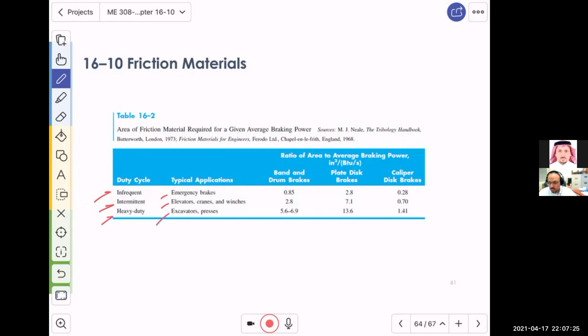You have excavators. And here you have the type of the brake, like a drum brake. And this is the corresponding area per power. Here we have a plate disc, and these are the values as well as caliper disc brakes. So each type with their corresponding application and the expected area per power.